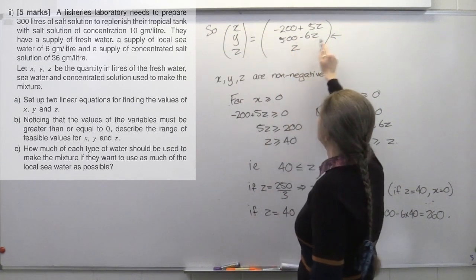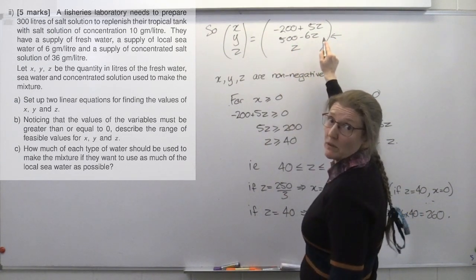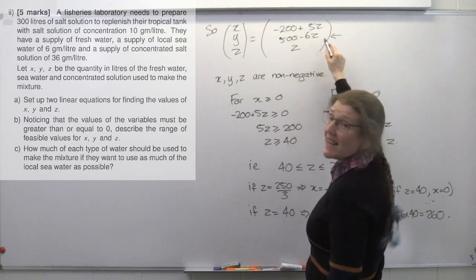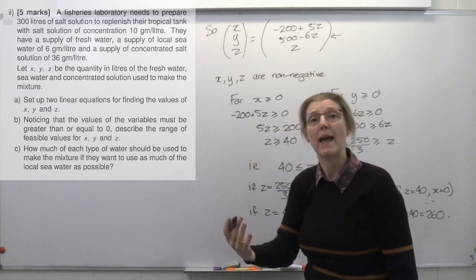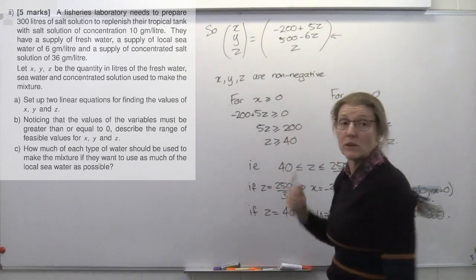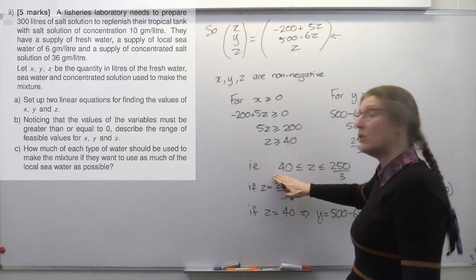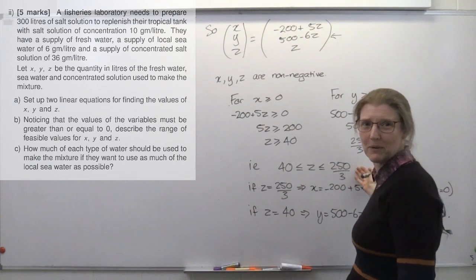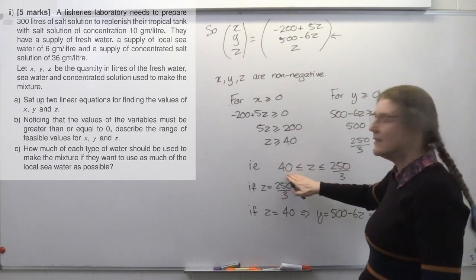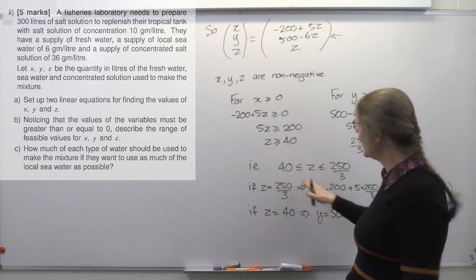In order to make this number as big as possible, I'd really like to make z as small as possible because I'm taking stuff away. And of course z is non-negative. Now, if you look here, and this is why I'm not particularly concerned about the upper bound of z, z is as small as possible when z is 40.